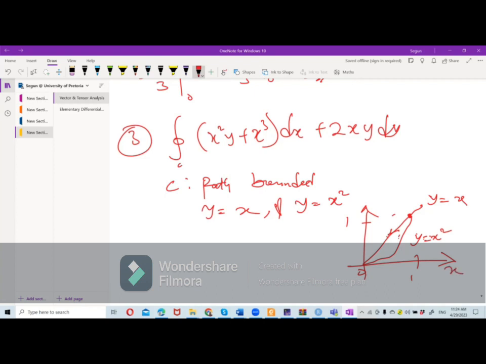And don't forget the formula. Formula says integral of p dx plus q dy is equal to the double integral of dx q minus dy p.